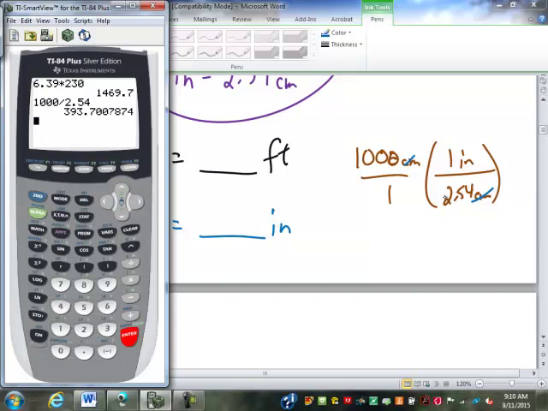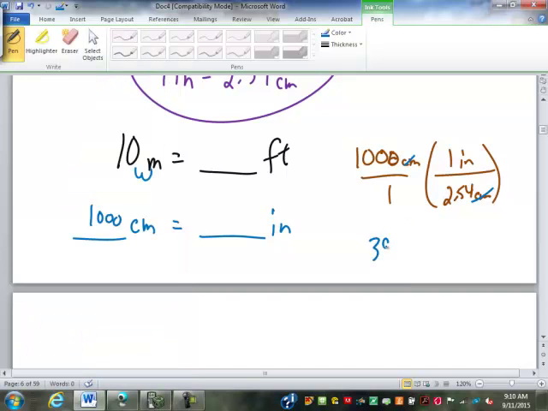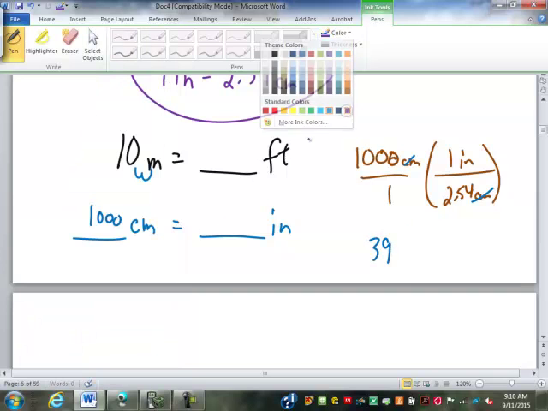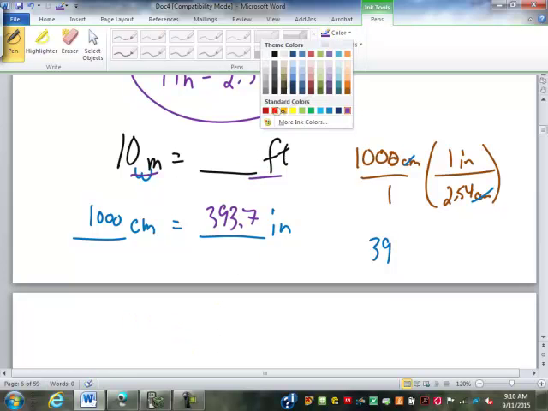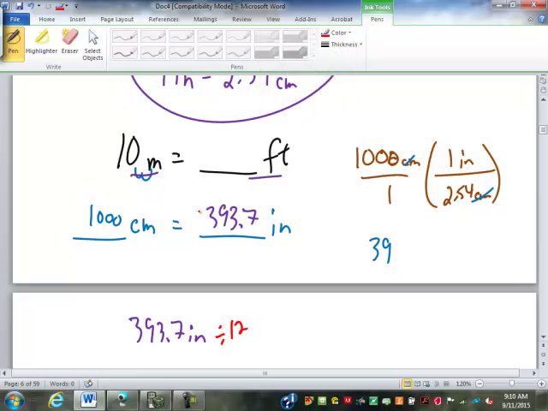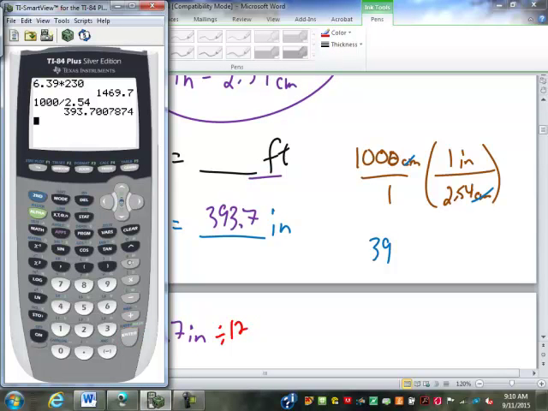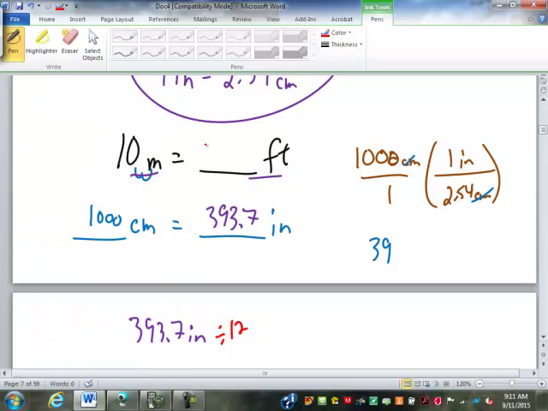So 393.7. And now I'm just going to convert the 393.7 inches into feet, because I wanted my meters in feet. And of course, I know that to do that, I'm just going to divide by 12. I could use a unity fraction if I wanted to, but we've done this enough. We get about 32.81, basically.